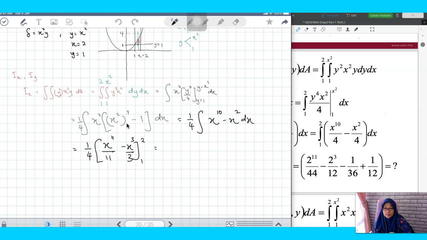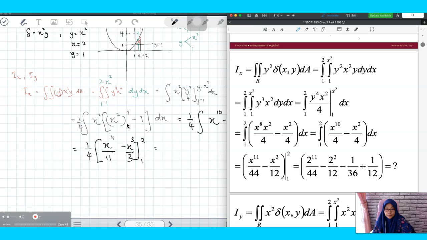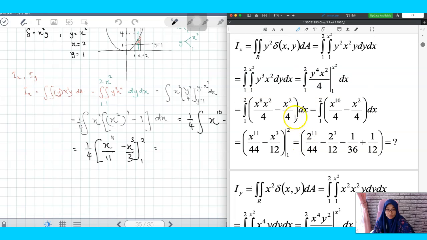When you substitute, I put 1 over 4 outside, and replace y with x squared, so we get x squared to the power of 4 minus 1. Then expand, and after that integrate with respect to x, and then you get this. Then refer to the answer provided in the notes, and please evaluate the answer yourself using the calculator.